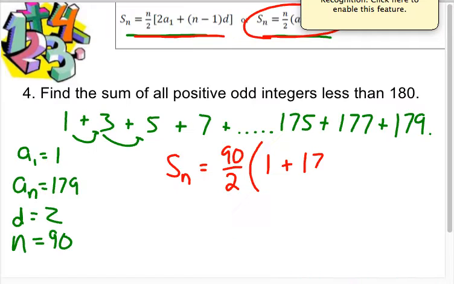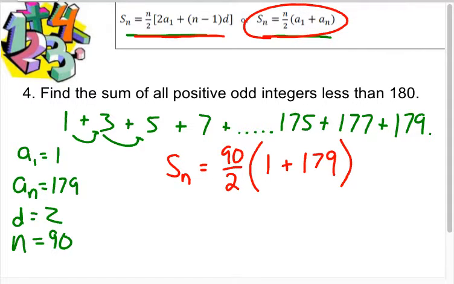a sub n. Okay, little glitch there, but we're back in business. 179. This is n, a sub 1, a sub n, our last term.